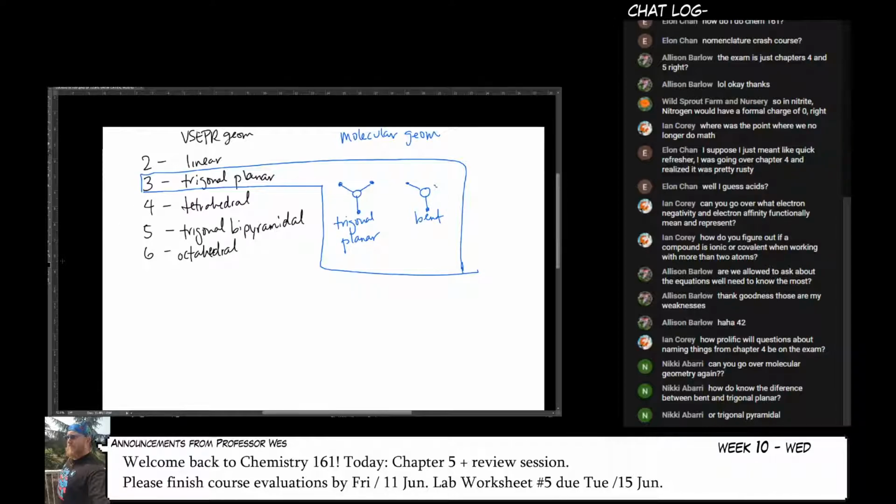And then, for example, for 4 electrons, I could have a central atom that has 4 bonded atoms around it, and that would be tetrahedral.